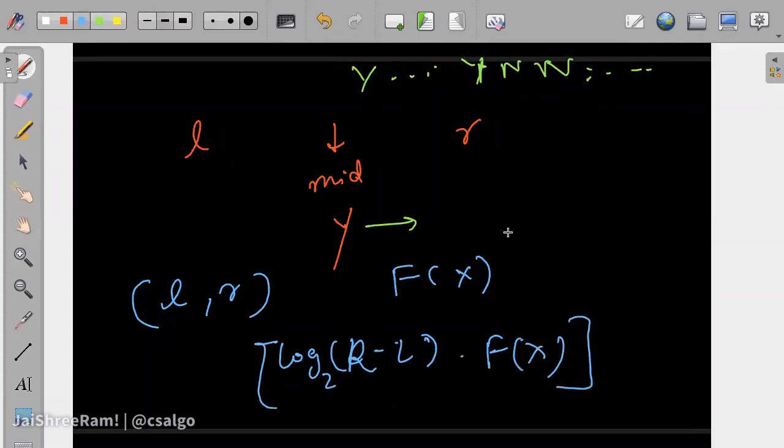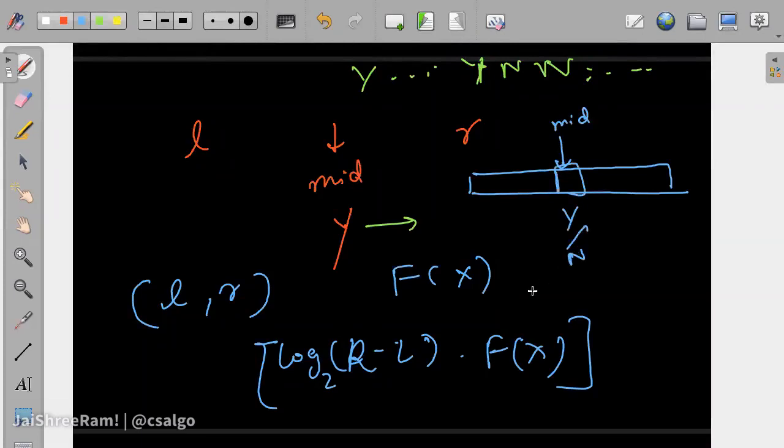What is happening in binary search? We have an array, or a solution space, and we try for a particular mid. Whenever we see a mid, we want to know whether it's yes or no, right? To check for yes or no, we call the f of x function to get its Y or N value, and based on that we move.